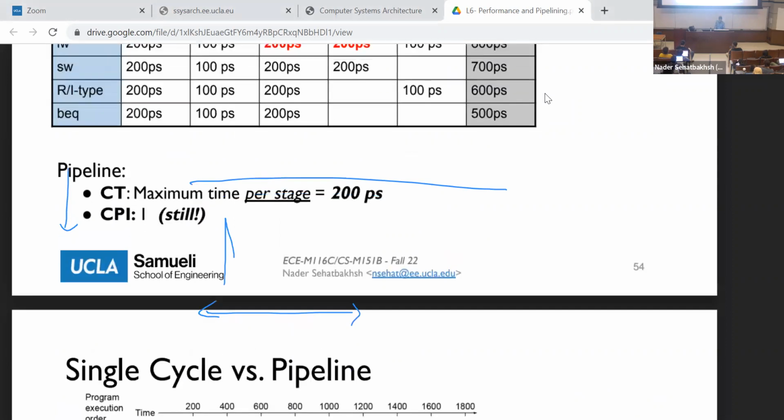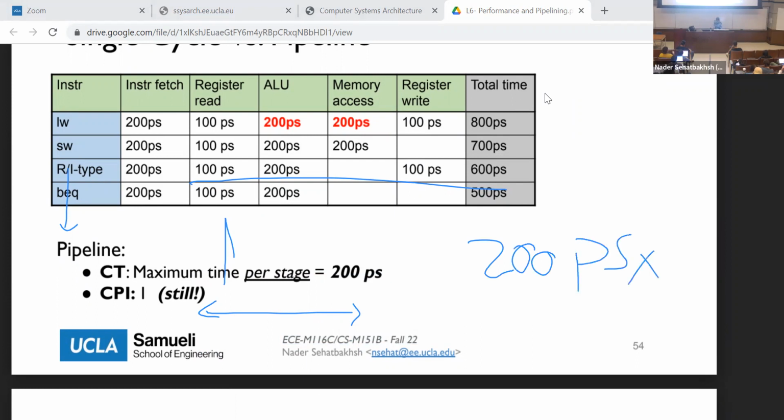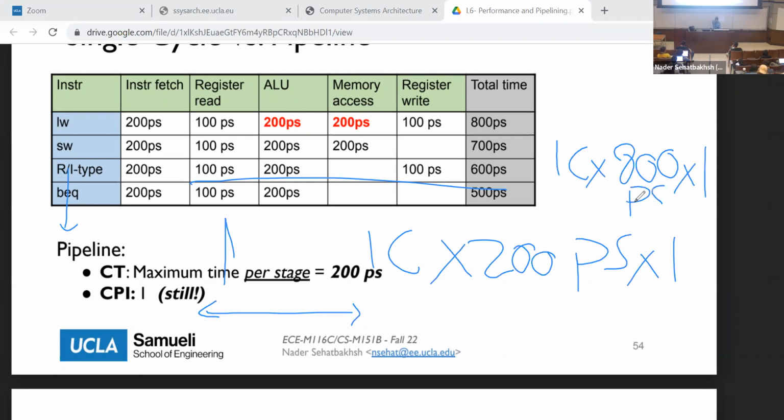So again, going back to here, your CPU time here would be 200 picoseconds times 1 times whatever your IC is. And for your single cycle it would be IC times 800 times 1, right? So this is 800 picoseconds and the other one is 200 picoseconds.